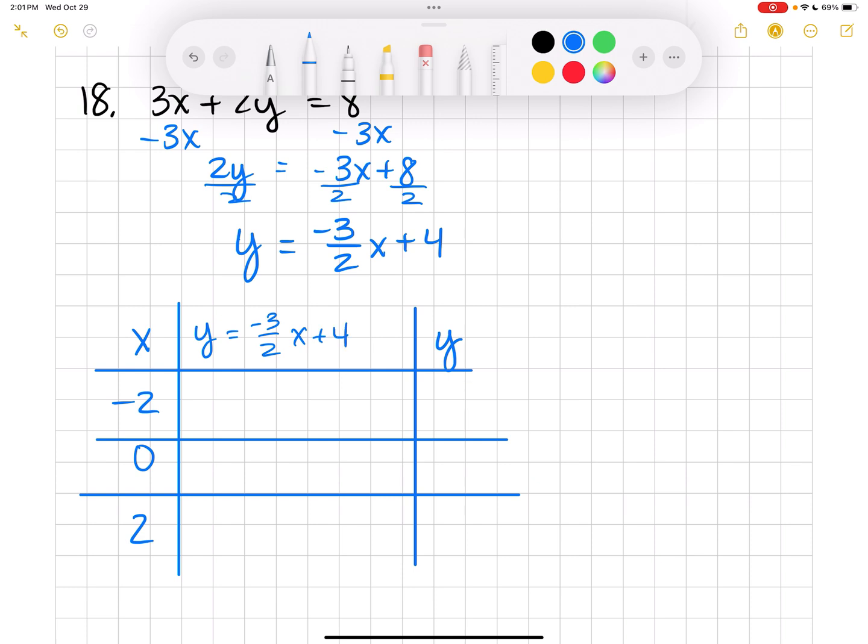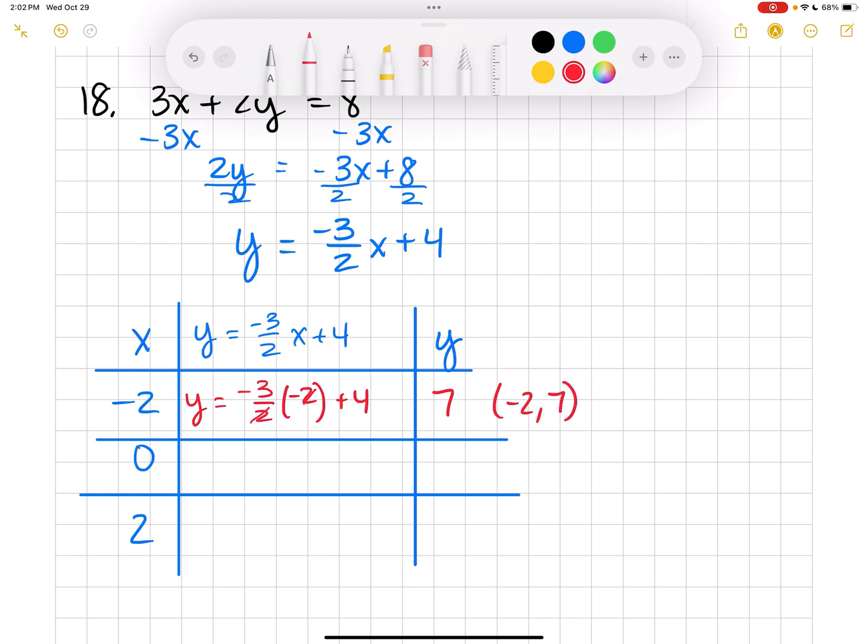All right, so plugging in the numbers, y equals -3/2 times -2 plus 4. 2's cancel, so I have -3 times -1 plus 4. What is that? 7, so this point is -2, 7.